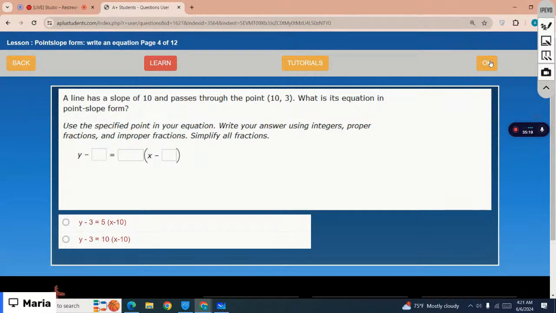Yes, 2 is the correct option, right? The slope is 10, the point is 10 and 3, so option number 2 is the correct option. Got it?